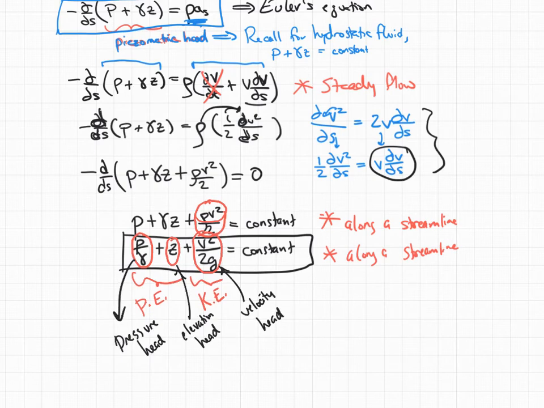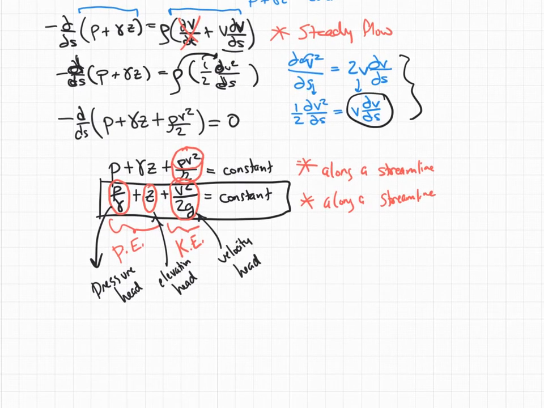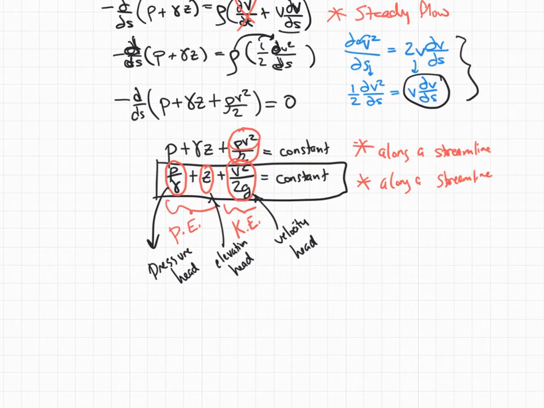These are called heads; I have no earthly idea why they call it head. All of these are measured in units of length. Up here they're all measured in units of pressure, but here they're all measured in lengths. There's a very good reason for that, and we're going to get to that eventually.